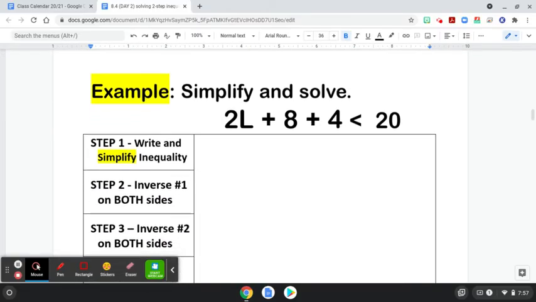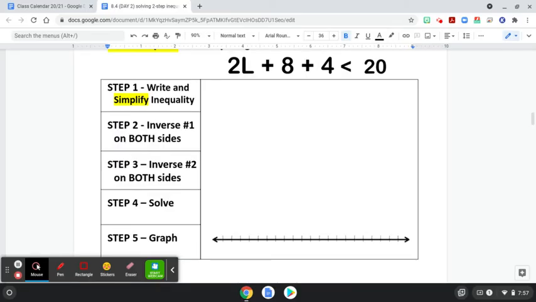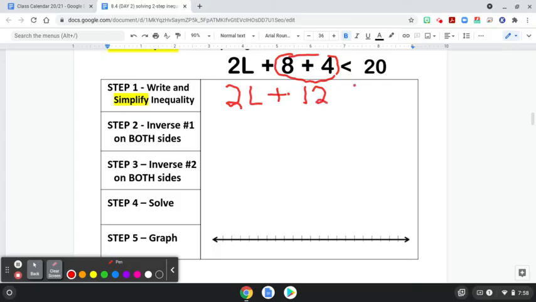My first example here is going to be to solve this one, and I do see that I'm going to need to simplify first. So in my inequality, I can combine my constants together, leaving me with 2L as my variable term plus 12, because 8 and 4 together is simplified as the number 12.